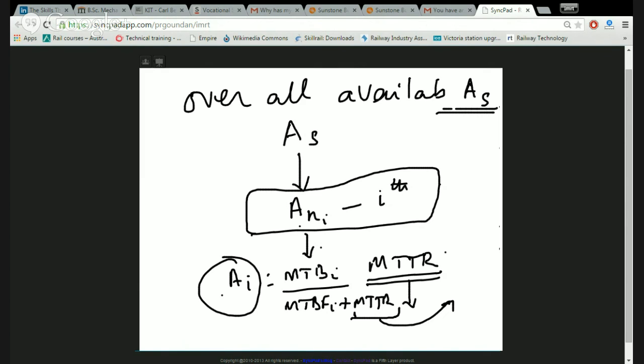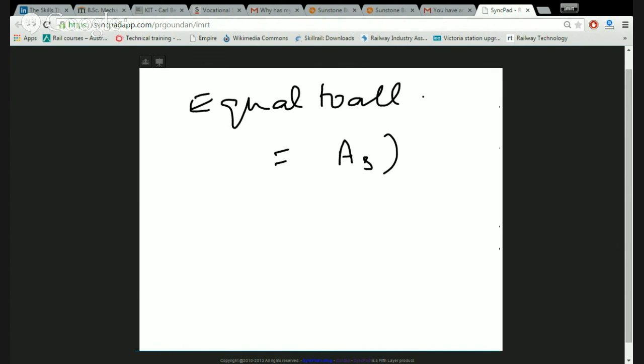To summarize, you give equal availability to all. This is the simplest. If AS is given and n systems are there, then it will be A_i equals AS to the power 1 by n. Simple problem.